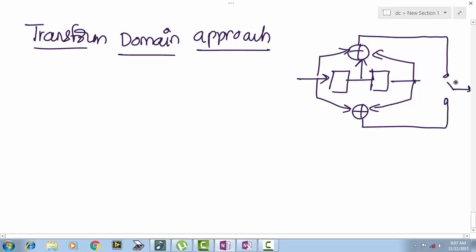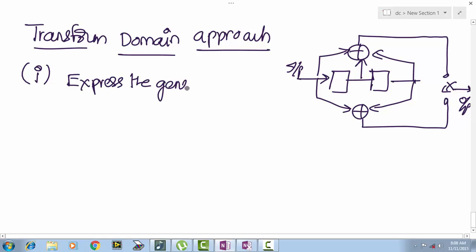This is the switch, this is the output, this is the input. In this case we have two generator sequences.